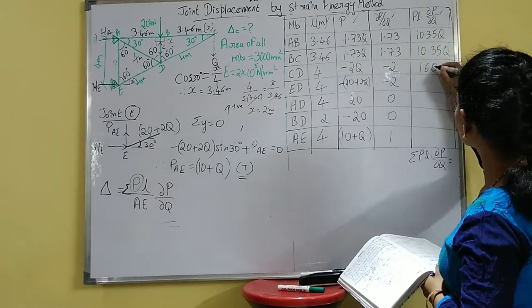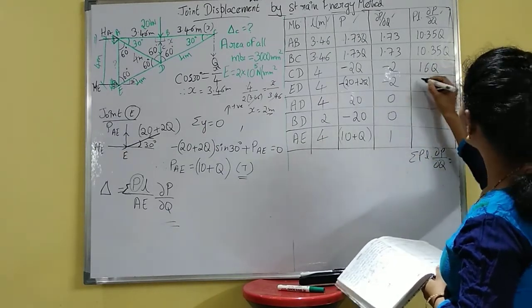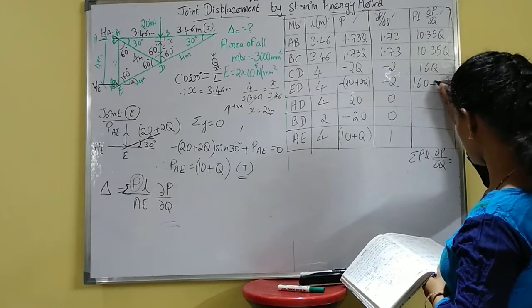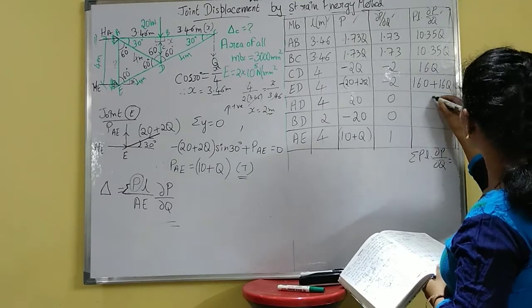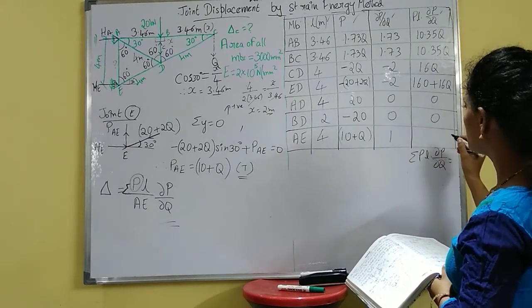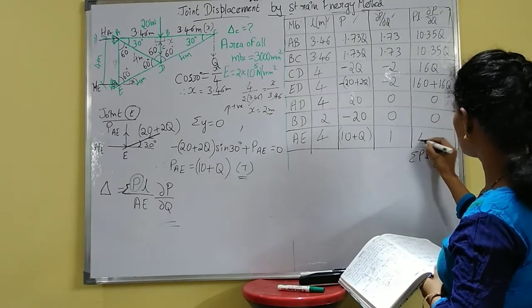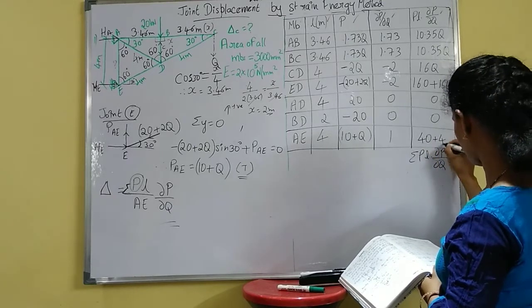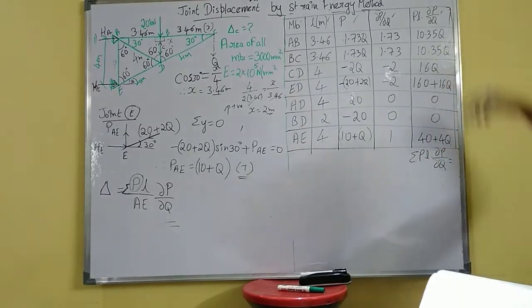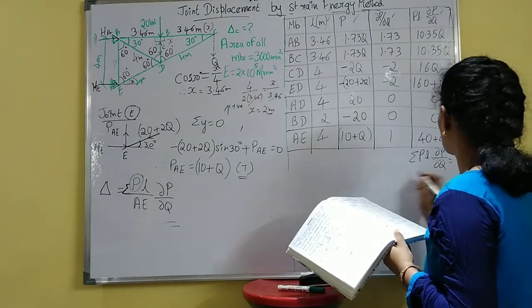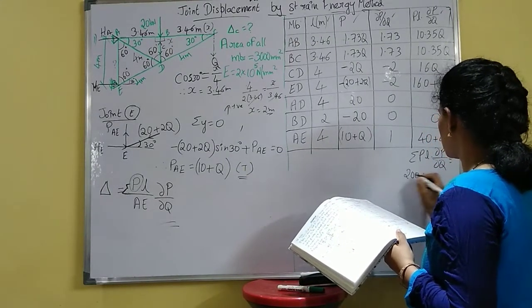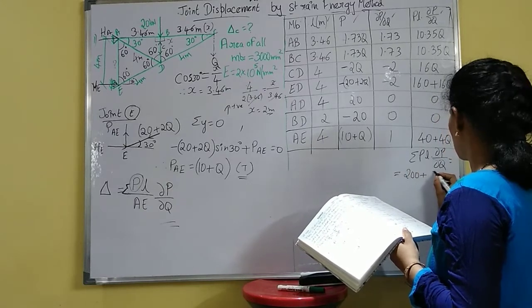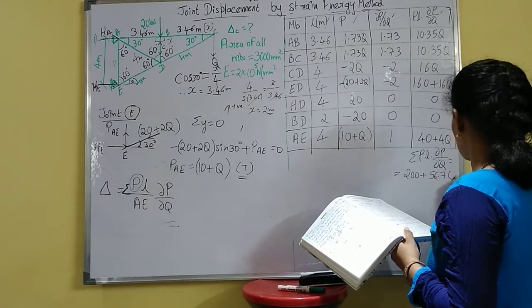So 16 Q. Again multiply this, you will have 160 plus 16Q. This will be 0, this is 0, and this will be 40 plus 4Q. Just add up and get the total summation value. You will have 200 plus 56.7 Q.